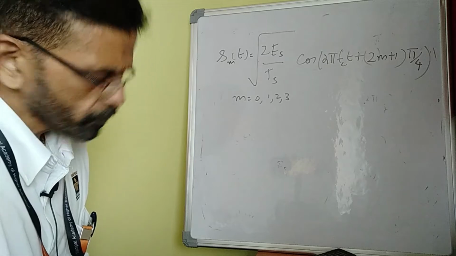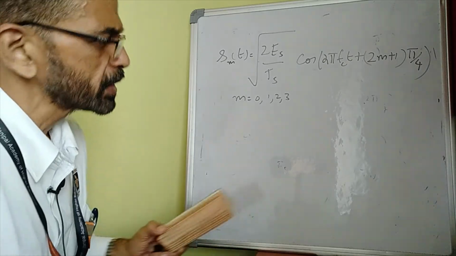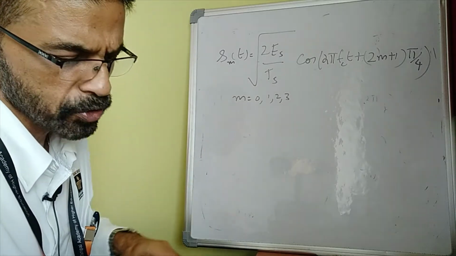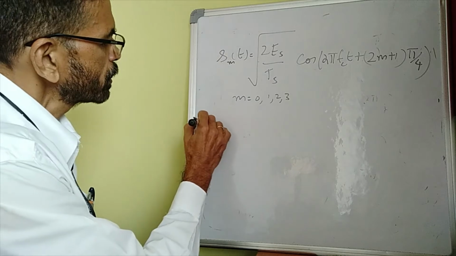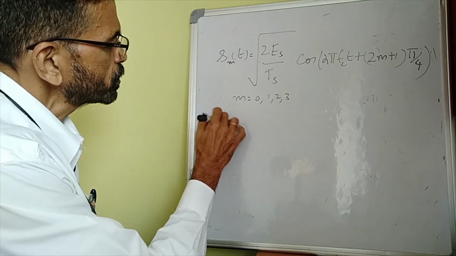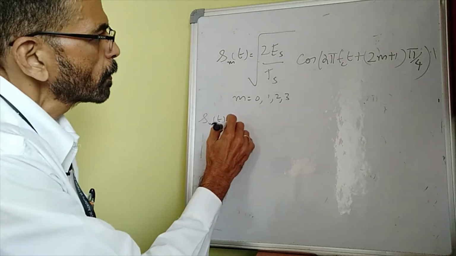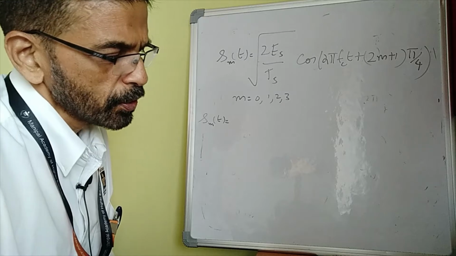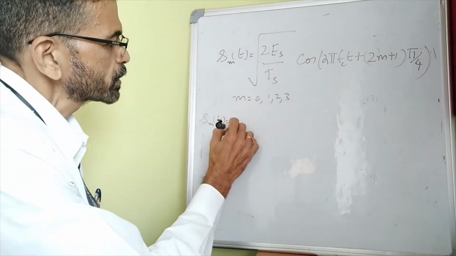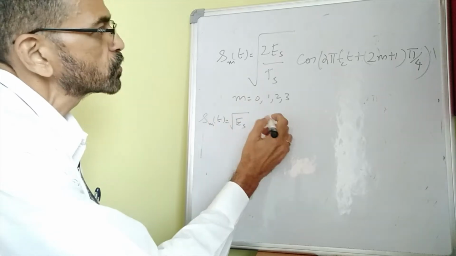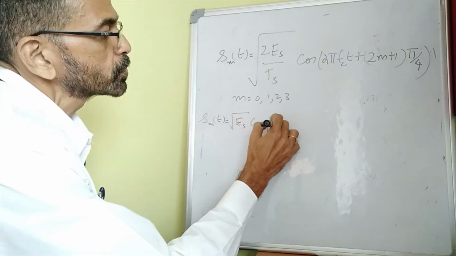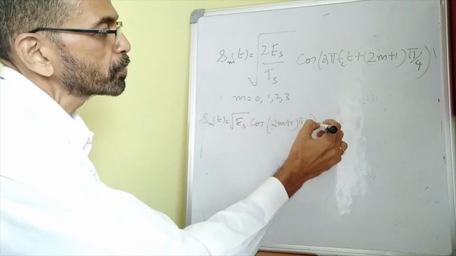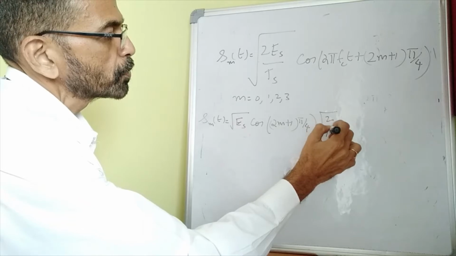Now, to continue further with the analysis, we will expand this using a very elementary trigonometric identity. I will use the cos(A plus B) expansion here. Cos(A plus B), as you know, is cos A cos B minus sin A sin B. So we can write it as root of Es cos((2m plus 1) pi by 4) into root of 2 by Ts cos 2 pi fc t, minus root Es sin((2m plus 1) pi by 4) into root 2 by Ts sin 2 pi fc t.